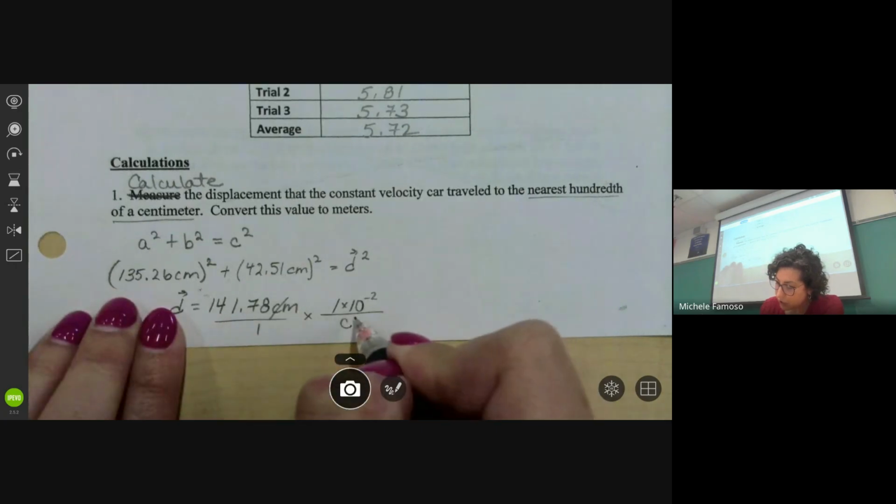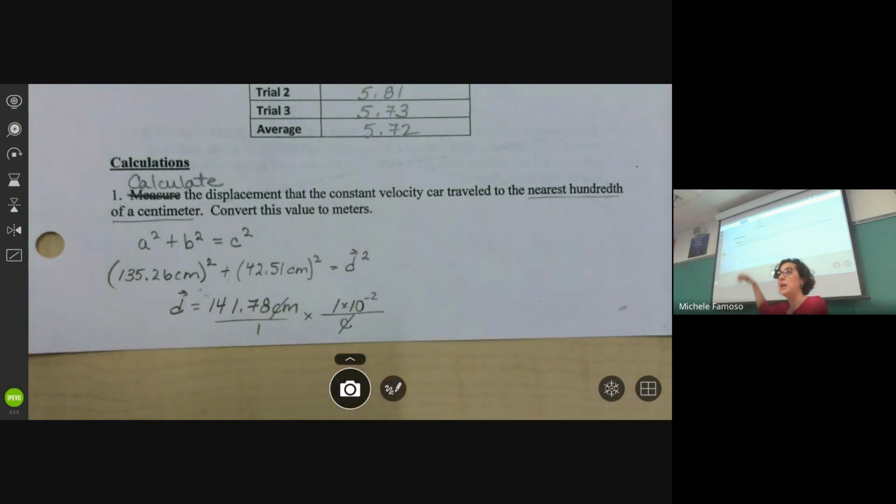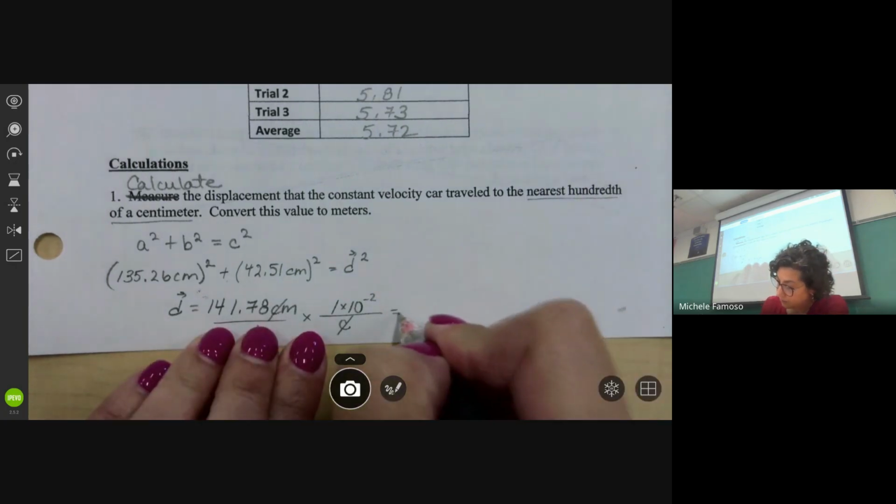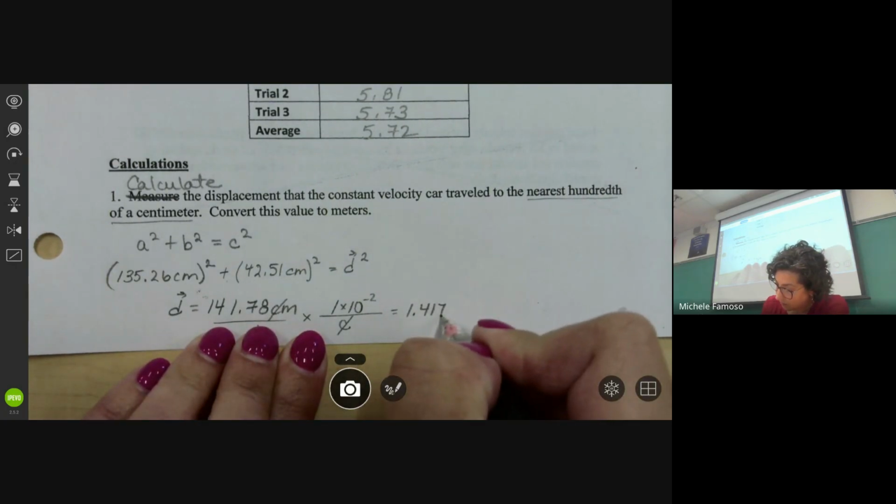So you're going to do this with your numbers, not mine. I'm just showing you how to lay it out so it looks correct. You have to do it with your numbers. And then you can check with your partners to make sure you're getting the same answers. And you keep all of the digits. Okay, so that is half of the answer that I need, which is the magnitude of the displacement.